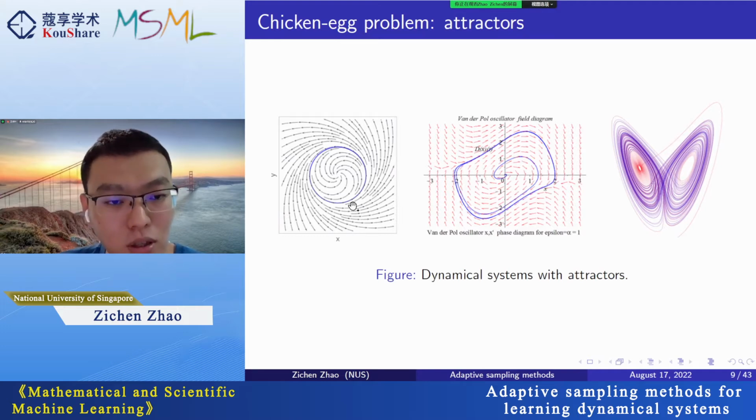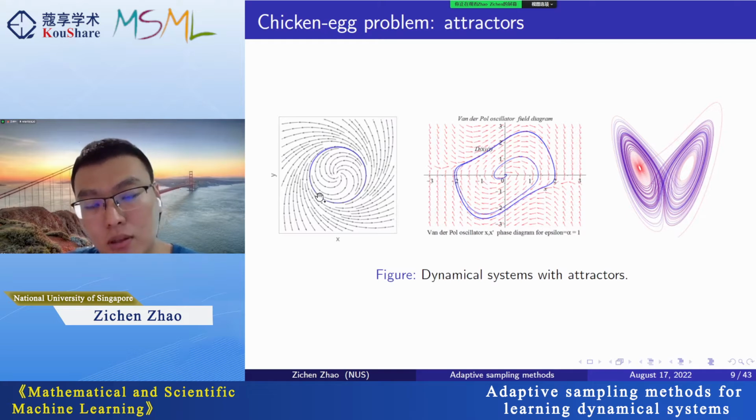For example, for systems with uniform limit cycles, if one uses short trajectories to do sampling, then the trajectory may not be long enough to cover the invariant measure.